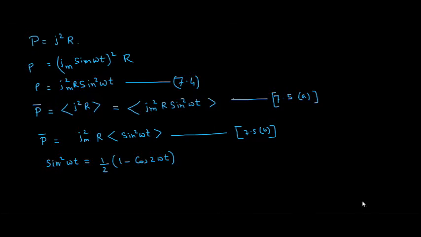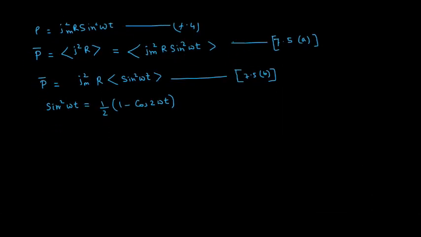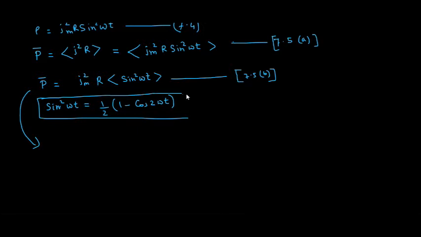So this we know as a trigonometric formula. Therefore, we can write P dash is equal to Im square R.